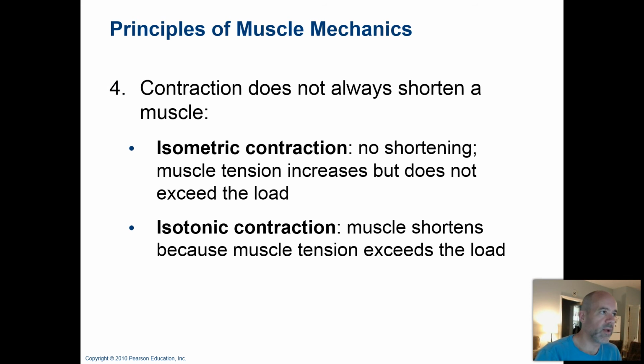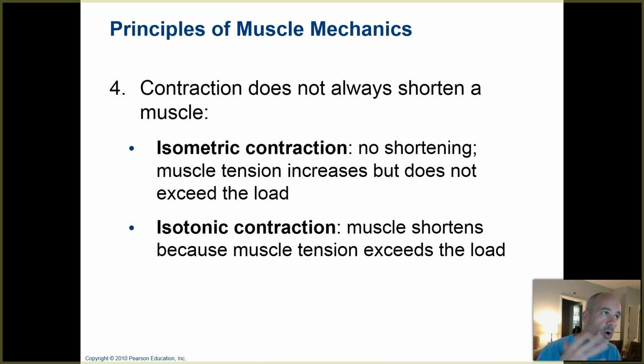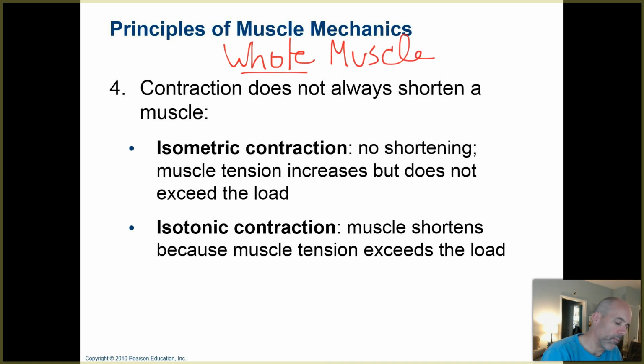Okay, so some terminology here about muscle contractions. Now here we're thinking about a whole muscle, not individual muscle fibers. Muscle contractions do not always shorten a muscle. So we're used to thinking, okay, well, the muscle's contracting, the muscle itself is getting shorter. That's kind of the vision that we have, but that doesn't always happen.